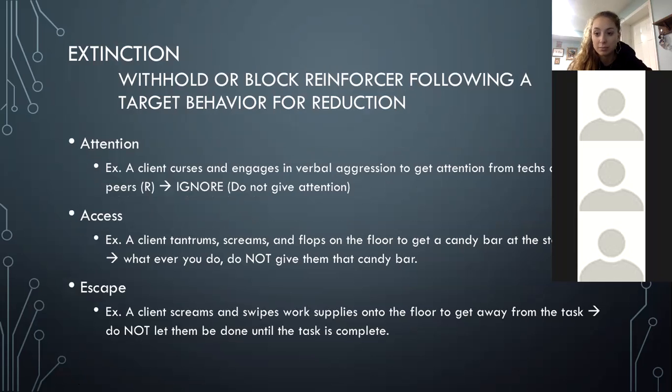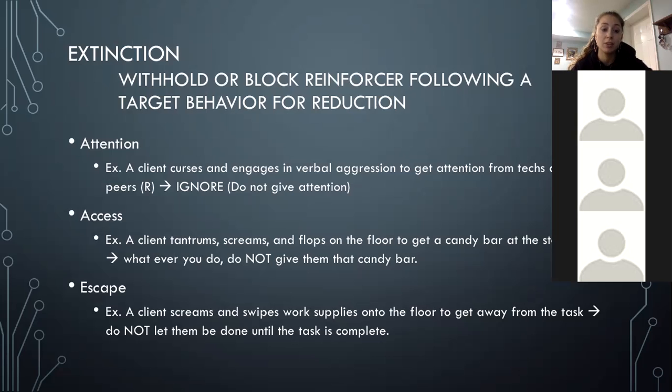So extinction. We already briefly talked about this with differential reinforcement. We are going to withhold or block the reinforcer that typically follows that target behavior. So let's say they are cussing and threatening to punch you and threatening to push you and making all these threats of aggression to get your attention.